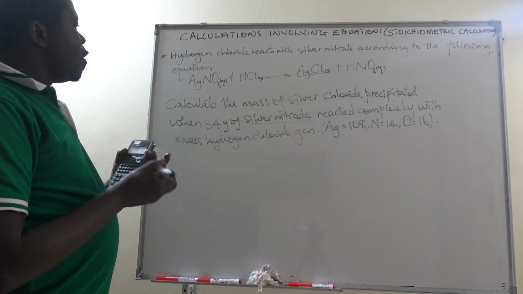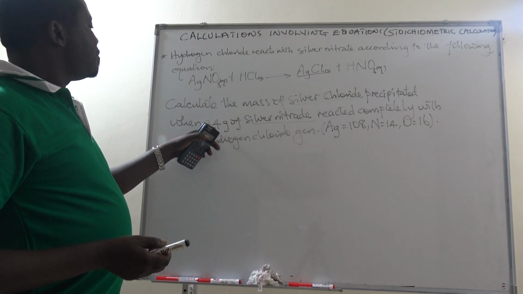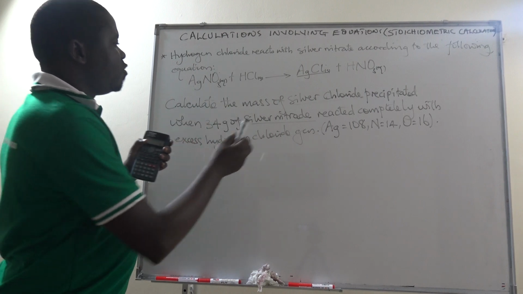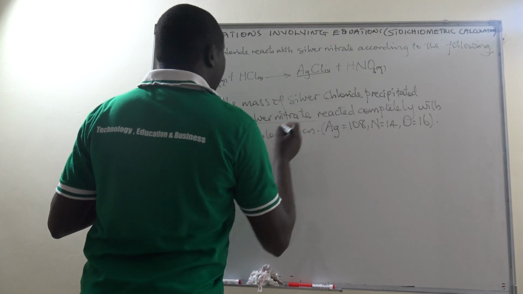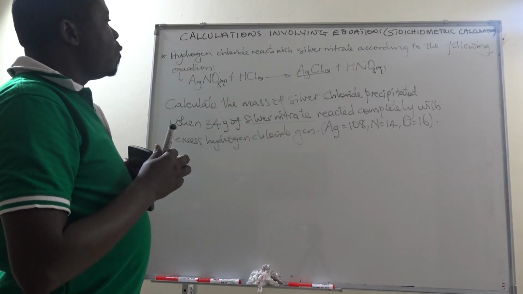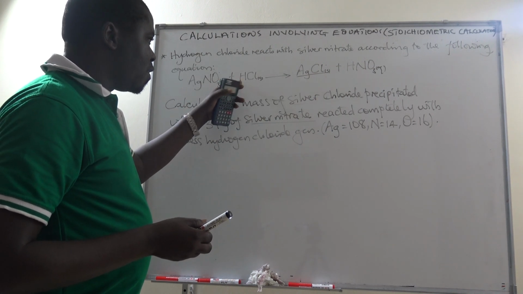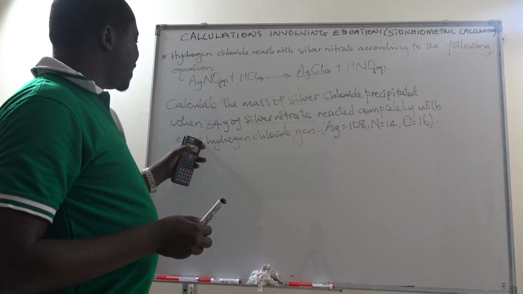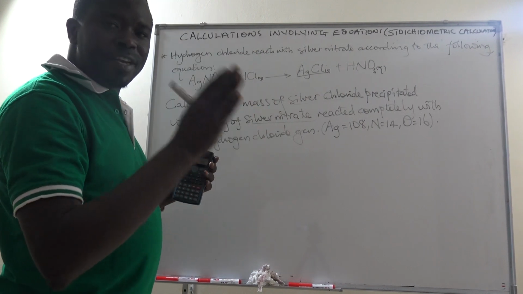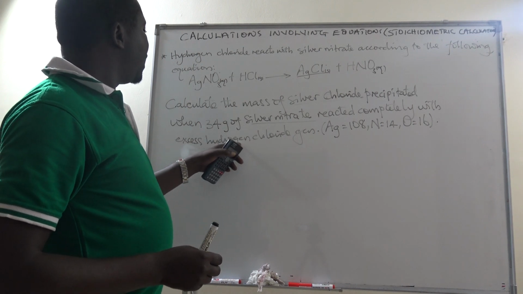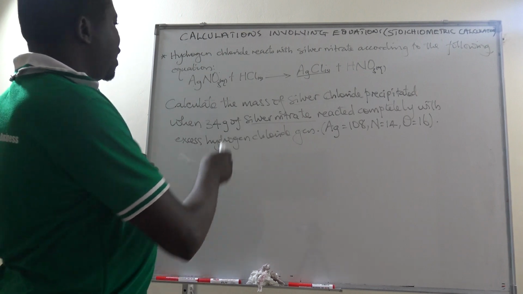And you can see that we are looking for the mass of silver chloride formed, and then we have been given the mass of silver nitrate that reacted, meaning that we are going to deal with only silver nitrate and silver chloride. Now, the hydrogen chloride, they have said that it is in excess. Whatever is in excess is not a definite quantity. So we are going to leave also out hydrogen chloride, just like nitric acid. We are dealing with these two.